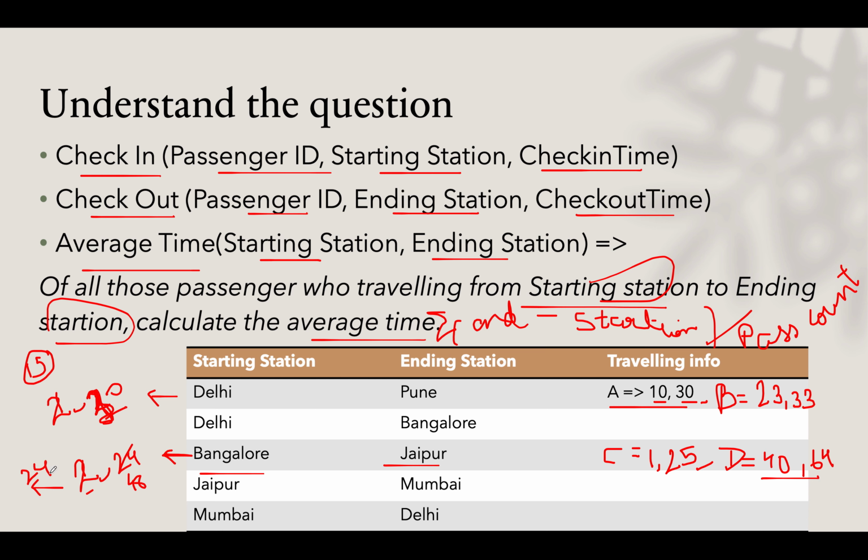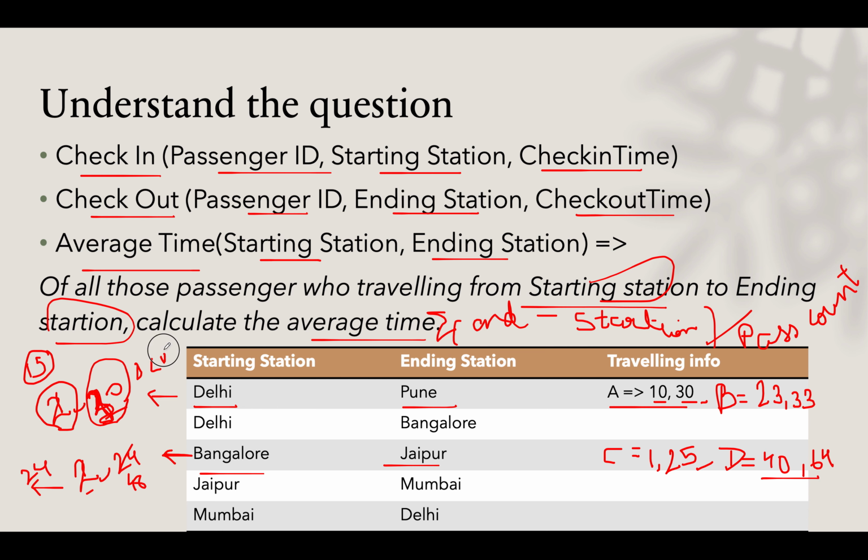I have just simplified the input to something which is easier to calculate and more structured, where I'm keeping a count of the total travel time from this starting station up till this ending station and the number of travelers. So if we have all this information with us, we are able to give you the average in order of one time, in constant time.